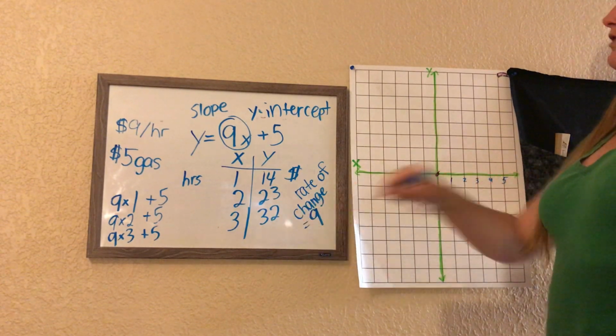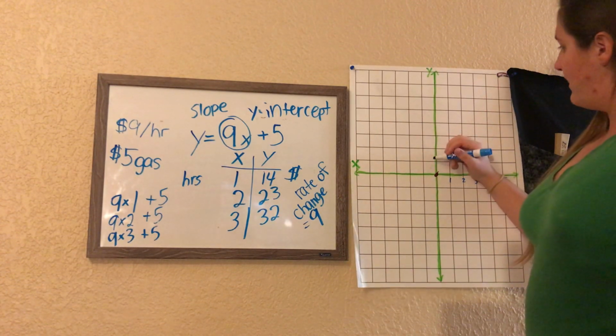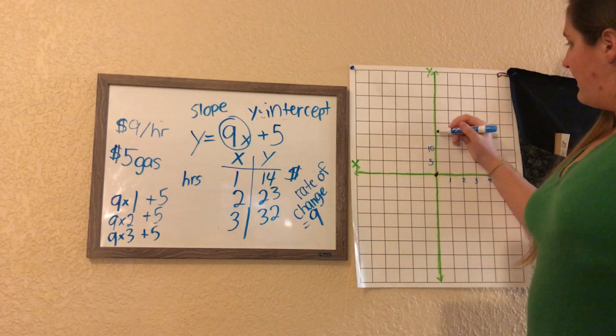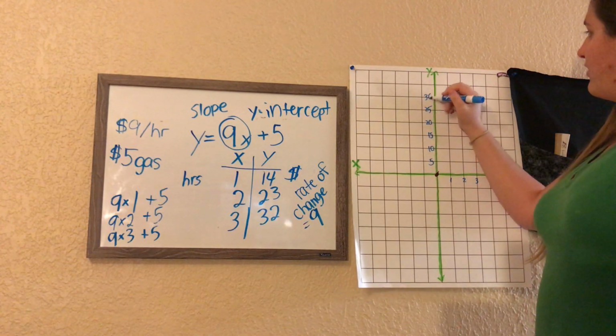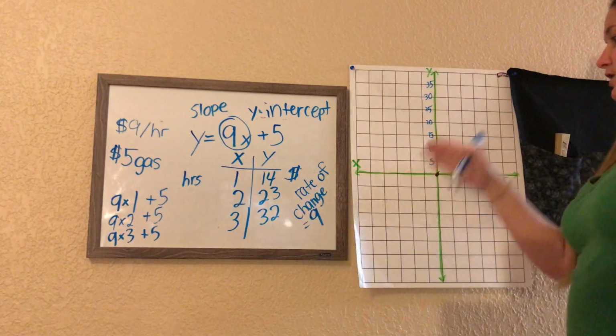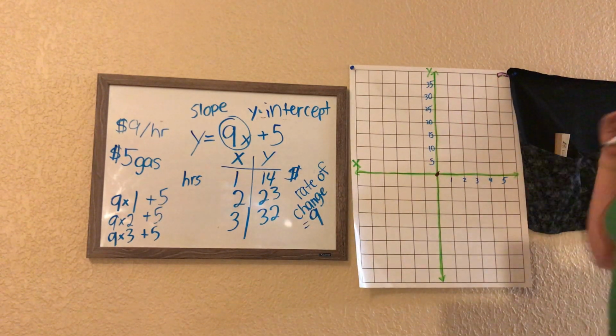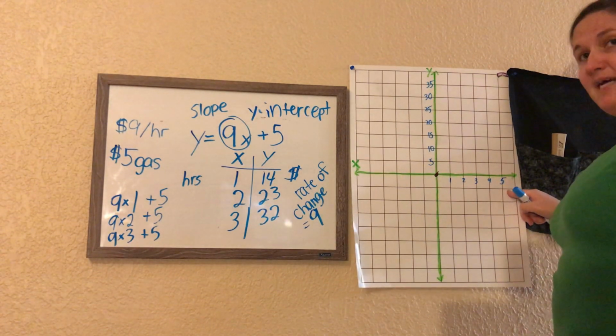So if I want to go up to $32, maybe I can count by 5s or something like that. 5, 10, 15, 20, 25, 30, 35. That works because I'm going up to 32. I need to have something reasonable. But the number of hours I work can just count up by 1, that's fine.